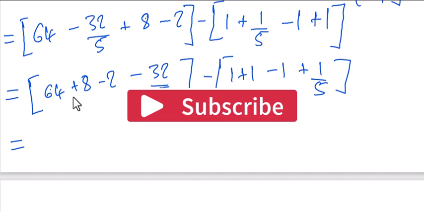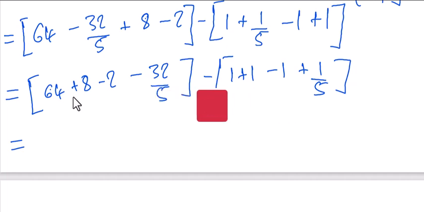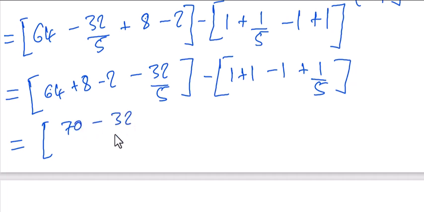Then 70 minus 2 gives us 70, minus 52 over 5.